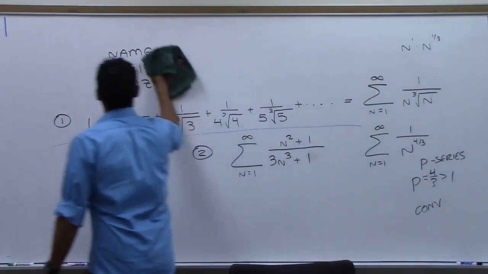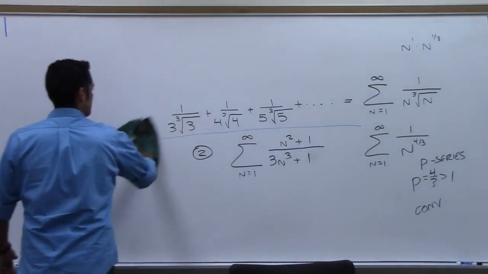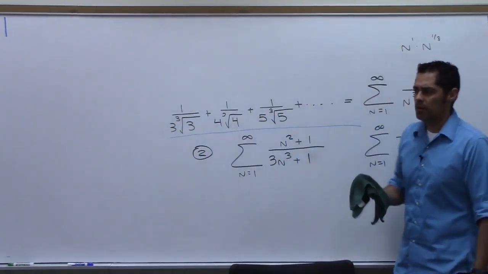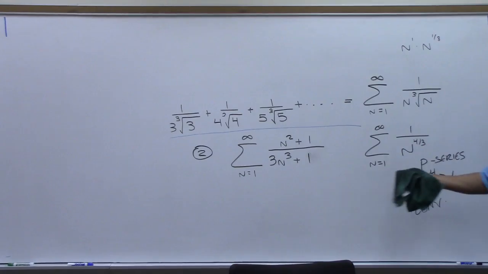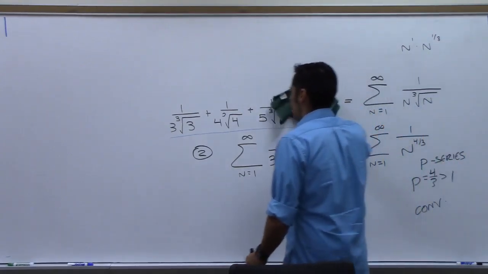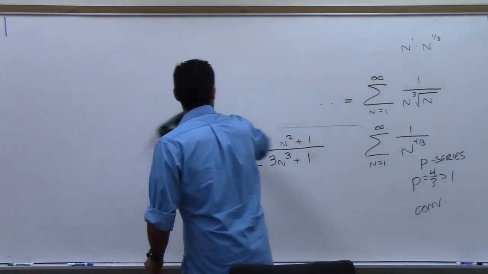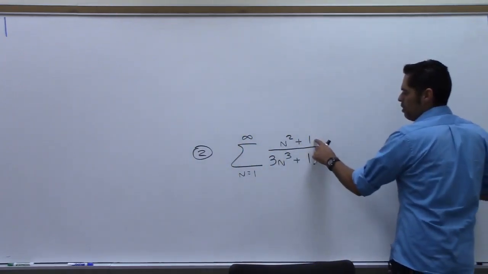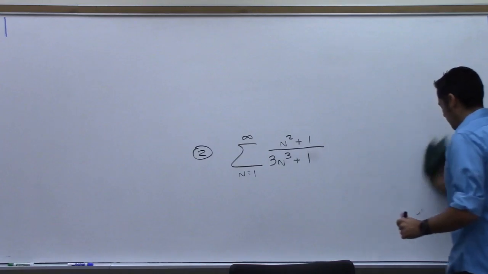Now the second one, now you could have maybe shown it a different way, all right? If you did, fine, but it probably took you a little more time. On the second one, I want to compare it to something, all right? And if n is really big, then this one doesn't matter and this one doesn't matter, right?